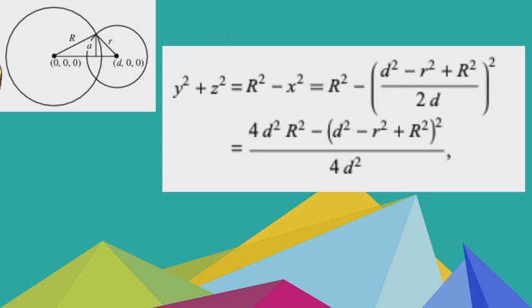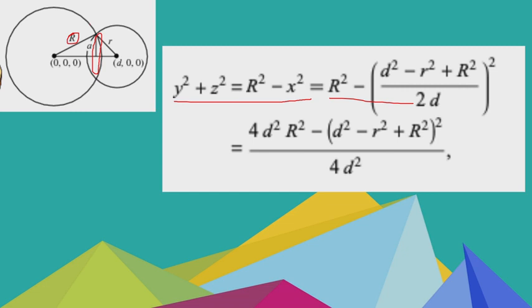Now solving with the sphere having the center at the origin, capital R, we get y square plus z square equals R square minus x square. Substitute the value of x in this equation, and we can find y square plus z square, which is the equation of a circle.